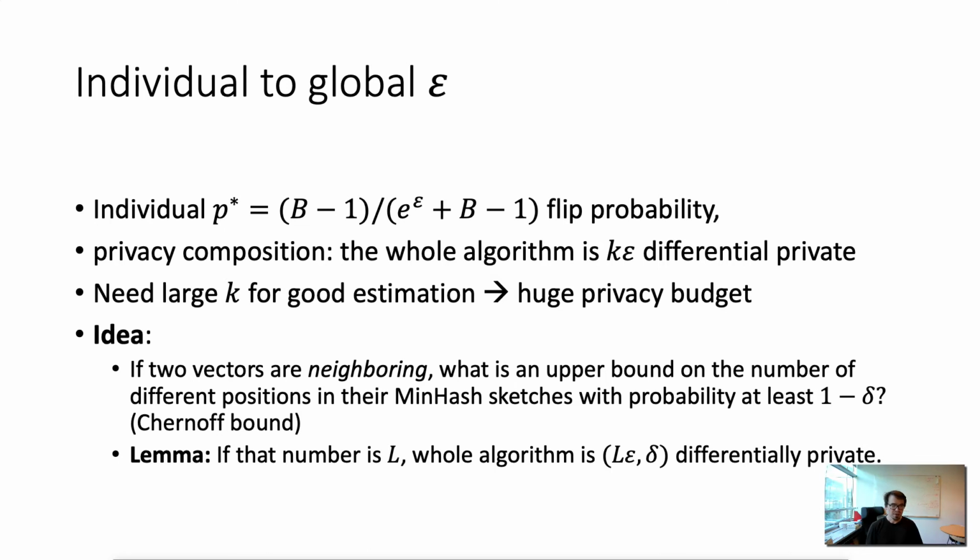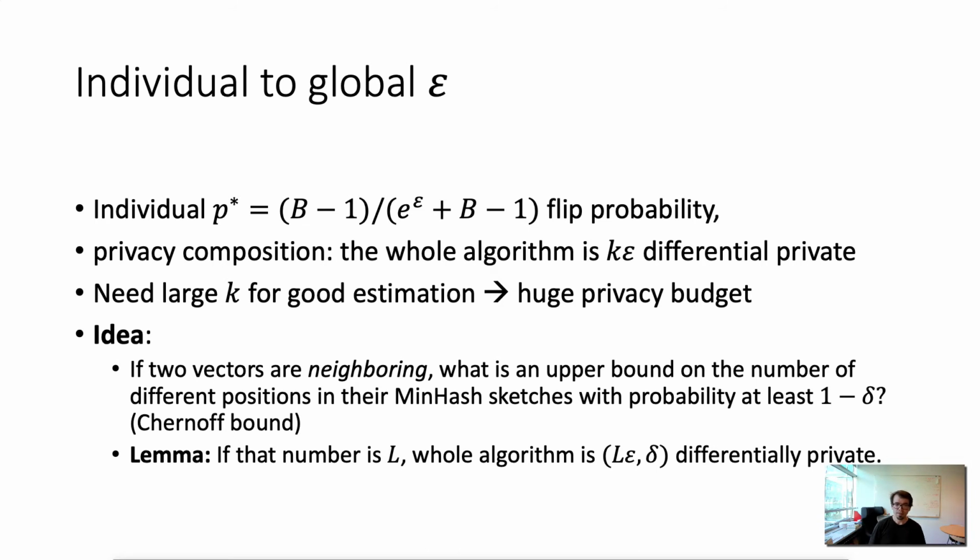If we were to do this with differential privacy, and we do this k times because our sketch is of length k, then the whole algorithm would be k epsilon differentially private. On the other hand, we need a large k to get a good estimation. So if k is rather large, then this k epsilon will be very large, and people would say this is a huge privacy budget they are not willing to pay.